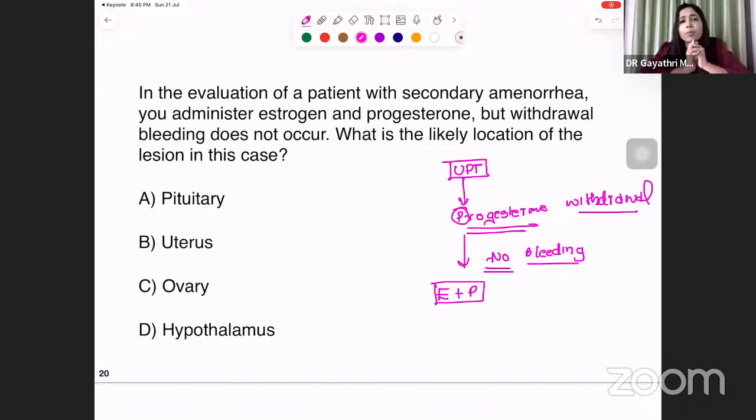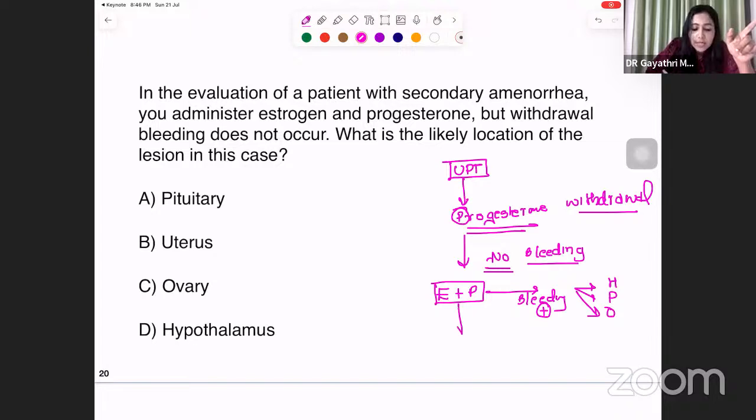If the problem is at the level of hypothalamus, pituitary, or ovary, you have basically given her hormones. Whatever was the function of the hypothalamus, pituitary, and ovary, you have taken care of that, right? So she should bleed if the problem is at the level of hypothalamus, pituitary, or even ovaries.